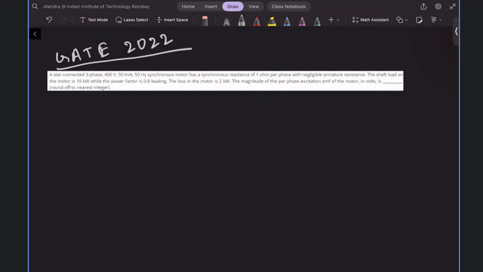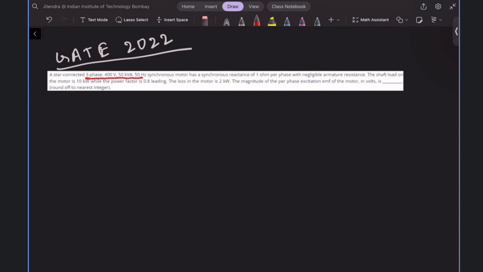And again, here we have to find out the value of the phase value of excitation EMF. Here, a synchronous motor, star connected, three phase, ratings are given. So you can deal in terms of per unit as well as actual values. It's completely up to you.